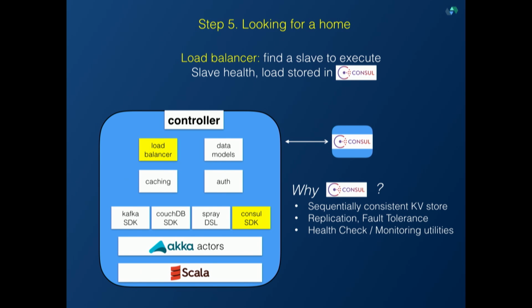So the load balancer: we're in the controller, and there are a bunch of slaves out there. We have to decide which slave we're going to run this action on. We leverage Consul heavily for service discovery, health check and monitoring. Consul, if you're familiar with it, is from HashiCorp's open source software. The core of Consul is a sequentially consistent key-value store.